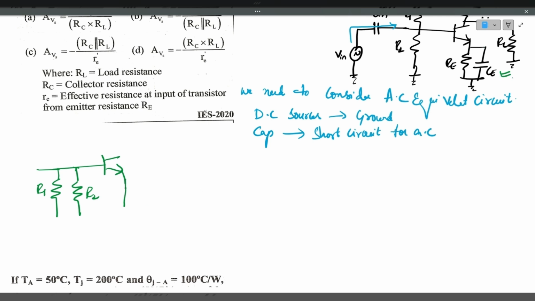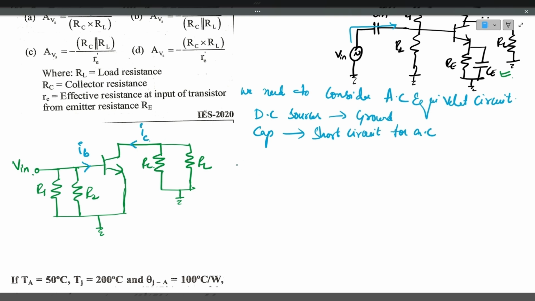So this emitter resistance is bypassed. And here the collector resistance and the load resistance will be parallel with each other. And here we have got the input signal. Okay, this is basically the diagram, and the IB current flows like this and IC current flows here.